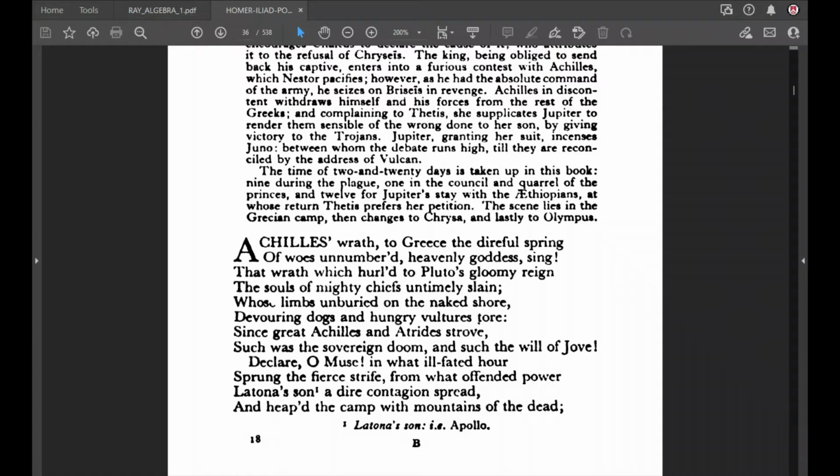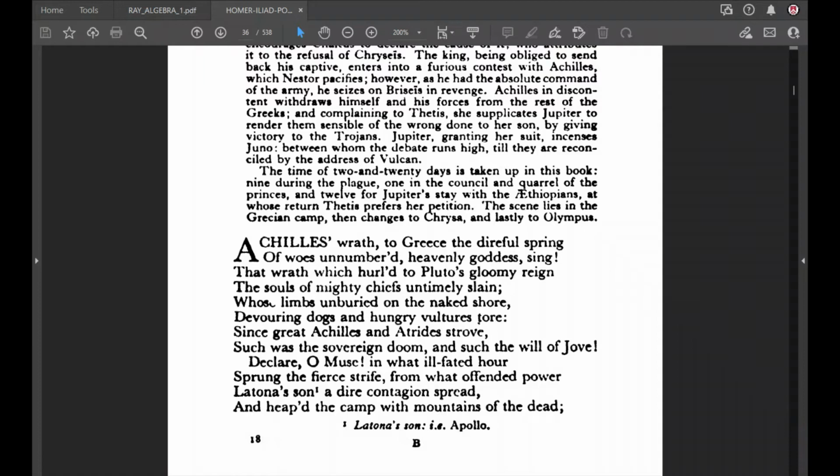That wrath which hurled to Pluto's gloomy reign the souls of mighty chiefs untimely slain. So you see there's a rhythm in every single line of the poem. Got that? Da da da da da da da da da da. Every single line is Iambic Pentameter.